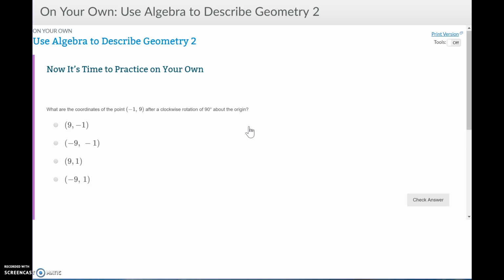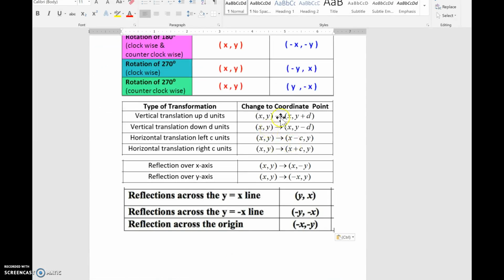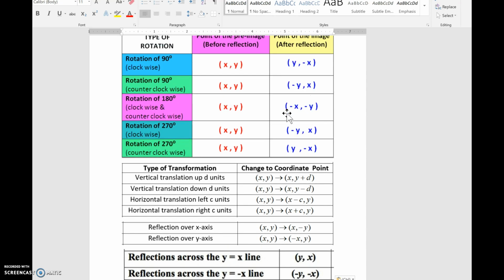Alright, what are the coordinates of the point negative 1, 9 after a clockwise rotation of 90 degrees about the origin? So let's grab our cheat sheet. Clockwise rotation of 90 degrees: x and y switch places and x becomes the opposite.